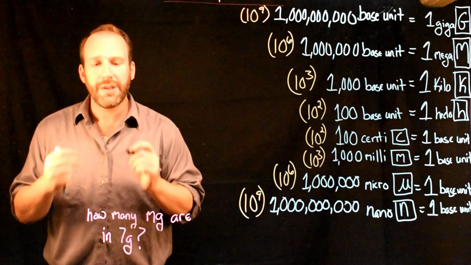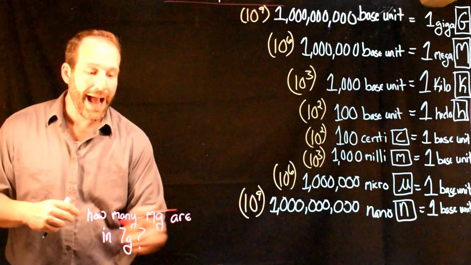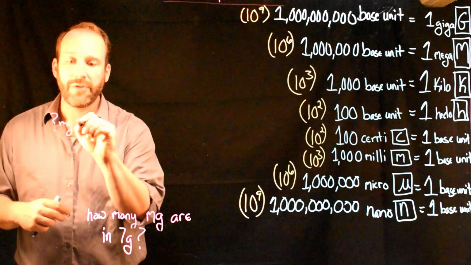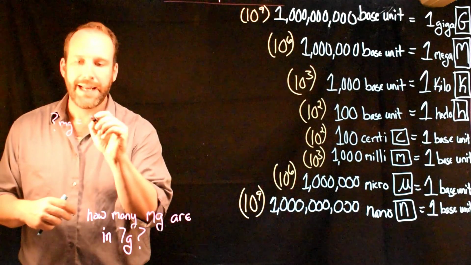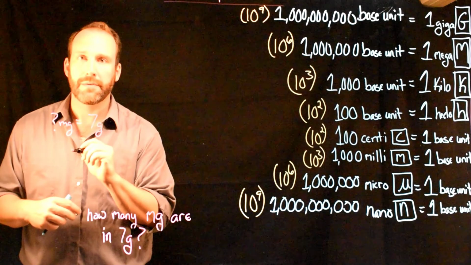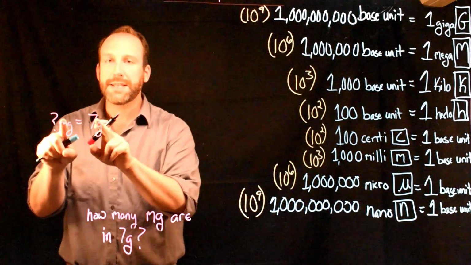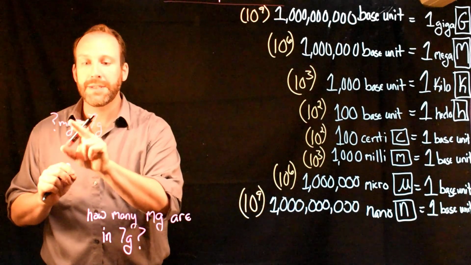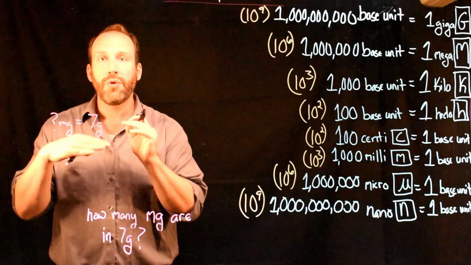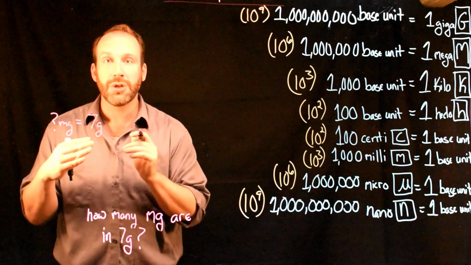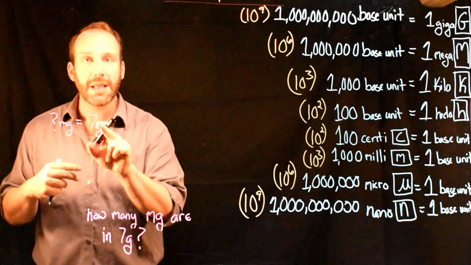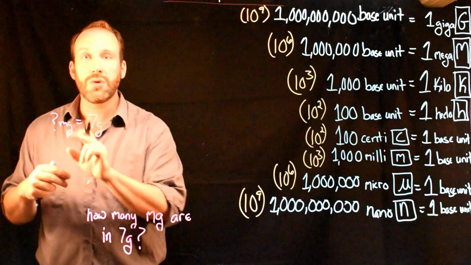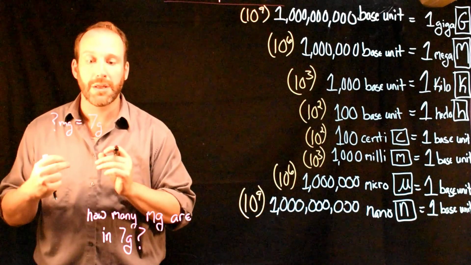So the question that we're asking here is how many milligrams are there in 7 grams, right? And so this is our question. Our goal now is to convert grams into milligrams. And the way that we're going to do that by dimensional analysis is try to cancel out the unit that we're given, the units of grams, and go to the unit that we want, which is milligrams.